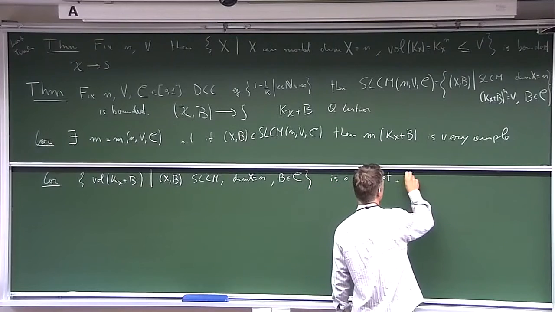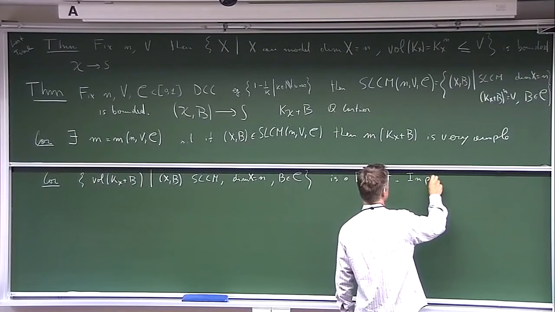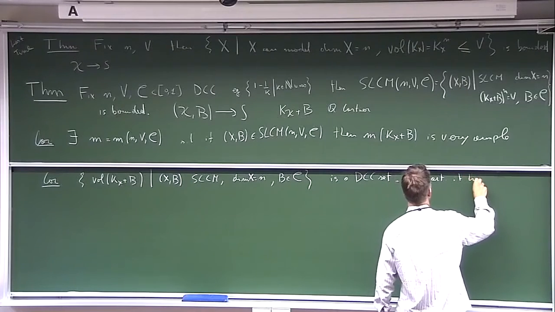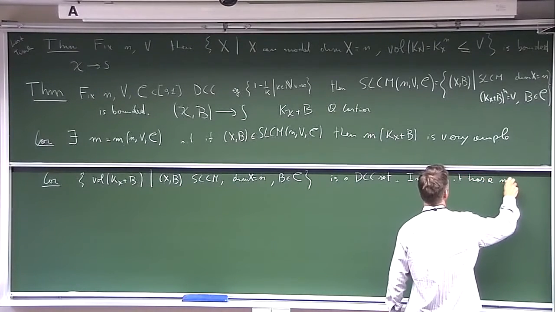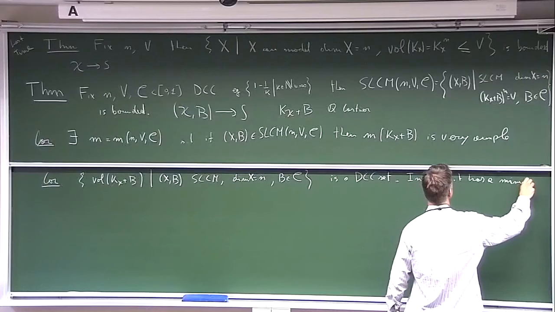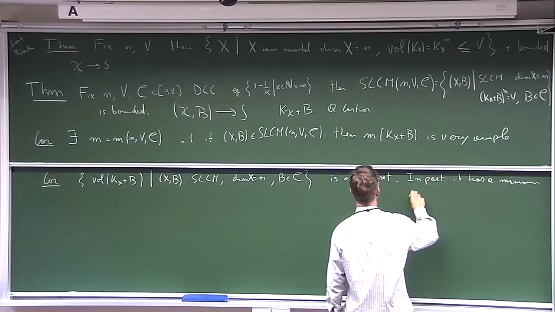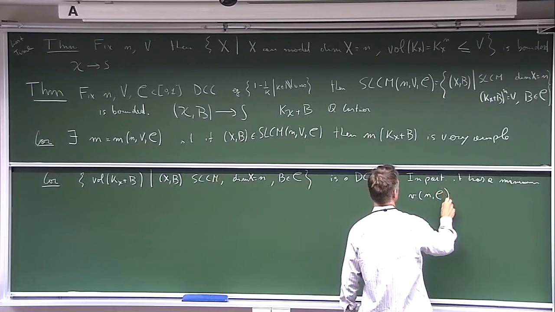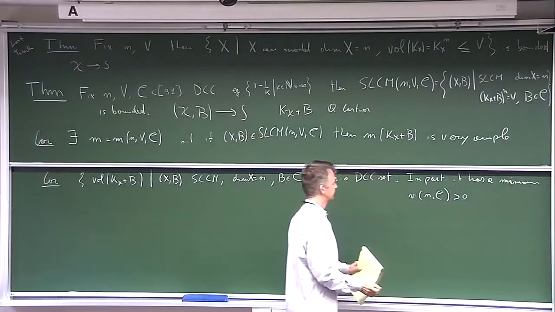And so, in particular, it has a minimum, I don't know, little v depending on n and c, which is strictly greater than 0.